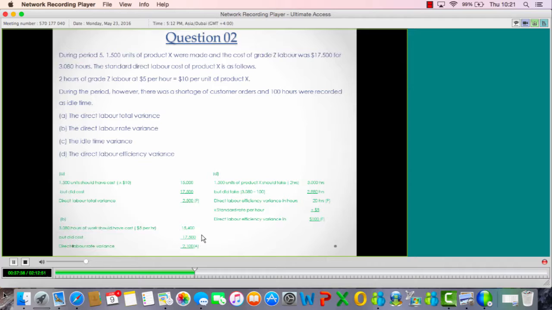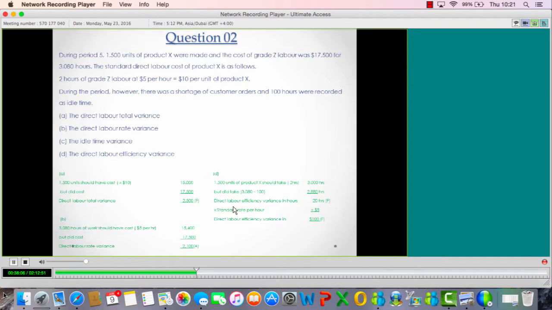If you consider the idle time, you do not need to calculate an idle time variance. So you deduct the idle time, and that is how you arrive at 100.